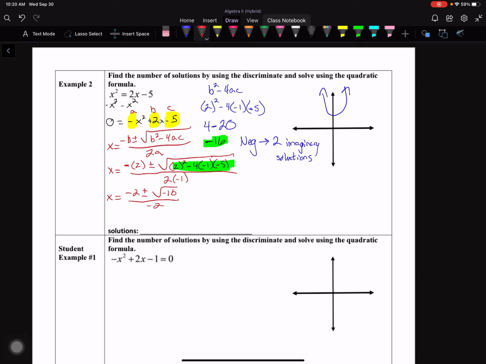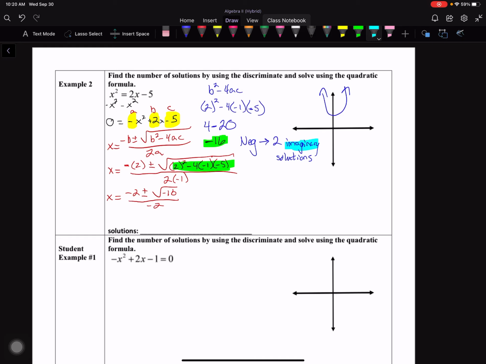Now here's where those imaginary numbers come into play. If you saw the square root of -16, you would tell me that there's no solution. But there is a solution. There's actually 2 solutions, and they are imaginary. So that means we're going to introduce imaginary numbers, or the i.